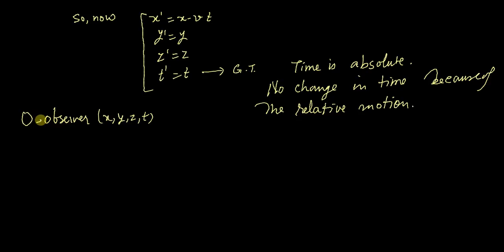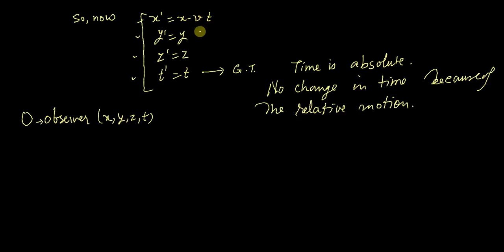The observer knows the observation, the position, the time, the place, everything. So if he wants to visualize the event which occurs in the S prime frame, he can find out the coordinates of that system by using these relationships.